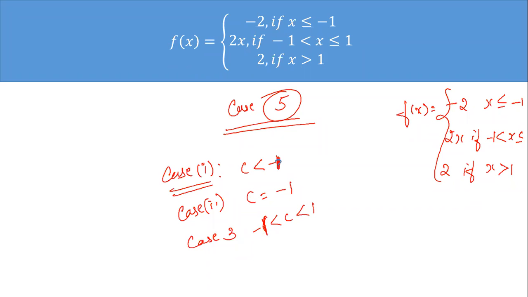What is case 4? C is equal to 1, and case 5 is C greater than 1. Take down these cases and check whether it is continuous at these points or not. Okay, fine.